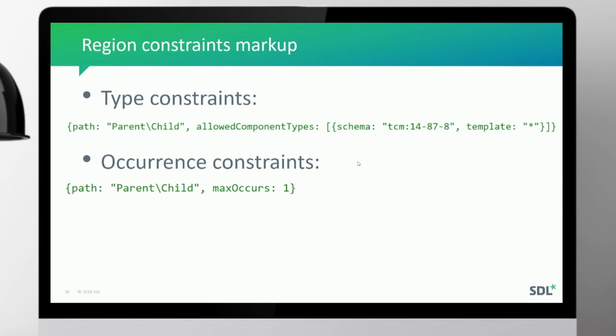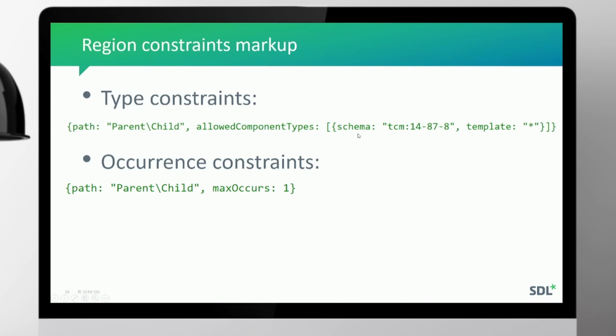And we also support the same markup that XPM always supported. In order to represent type constraints, there is an allowed component types array. Each item in this array corresponds to one type constraint.